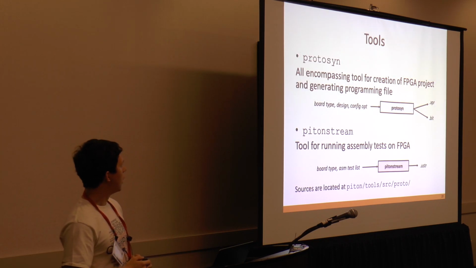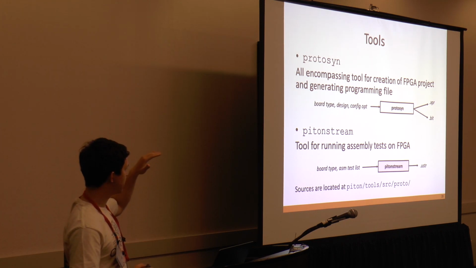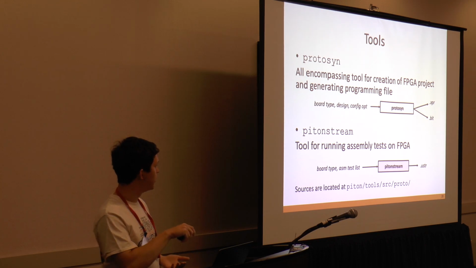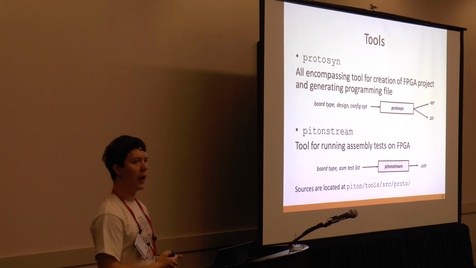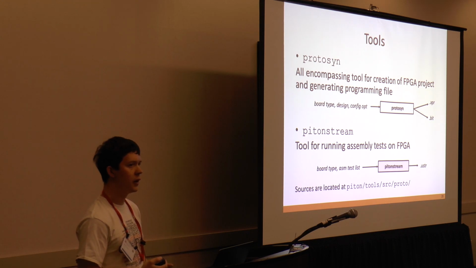Now let's go to the tools. The two main tools we use for FPGA are, first, ProtoSyn, used to generate programming bit files for your design. Also it is used to create projects, and recently we added support for generating F1 images.